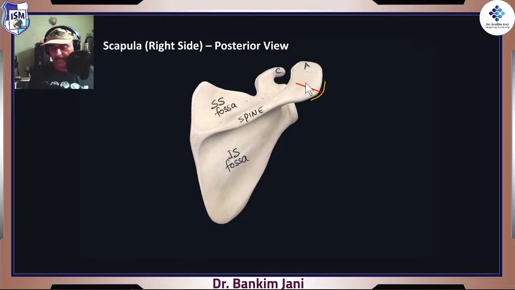Anything before that is acromion and after that it is spine. So let's give the honor to acromion process. This is what is called the acromial angle. Now it is crystal clear where we'll say acromion and where we'll say the spine.